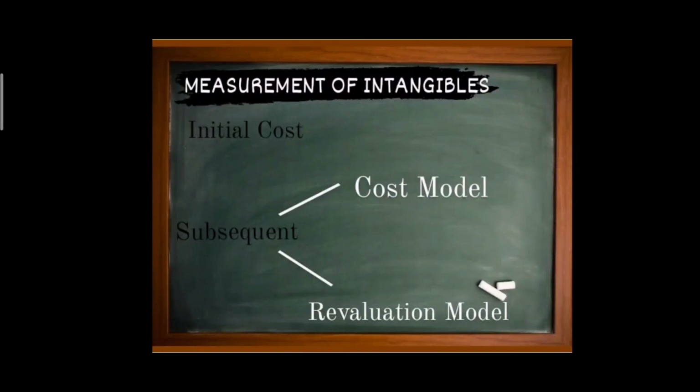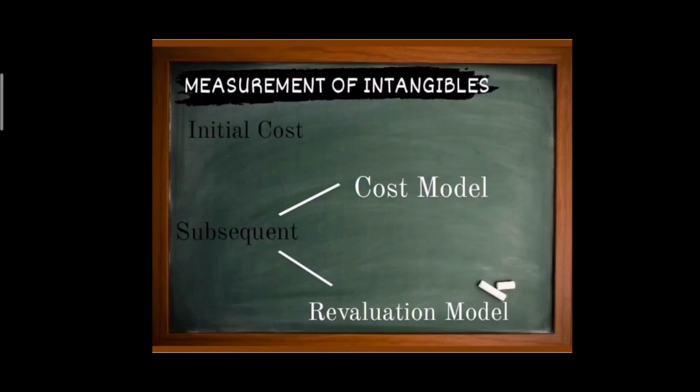Measurement of intangible asset. How to measure intangible asset? First, initially, ito yung moment na nagkaroon ka. And then, subsequently, as the time goes by, katulad ng PPE, katulad ng wasting asset, subsequently, it can be measured at cost model and revaluation model.